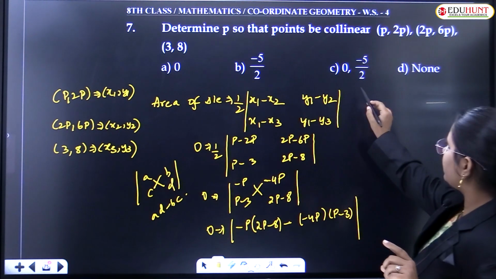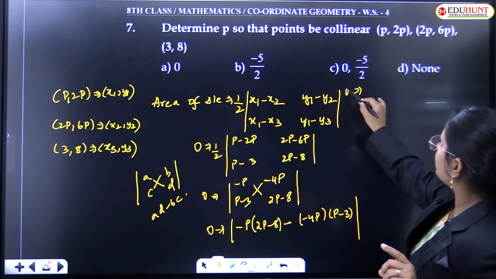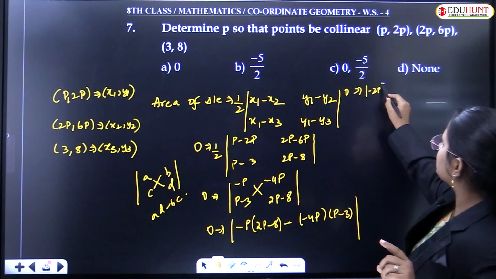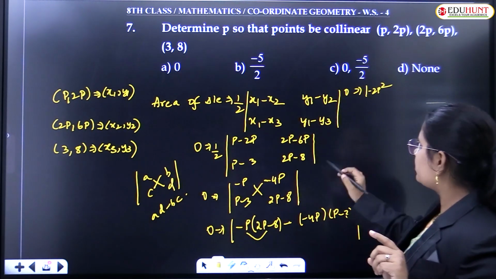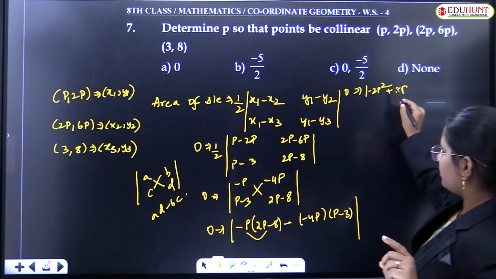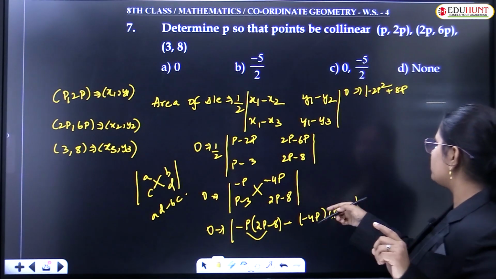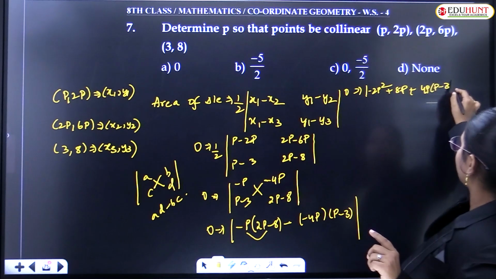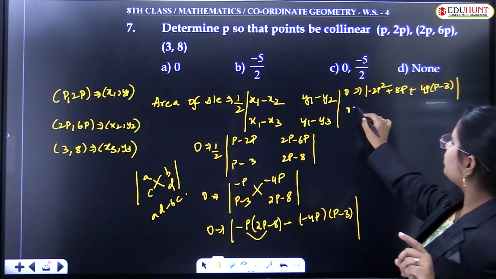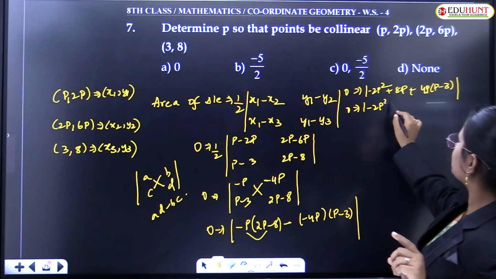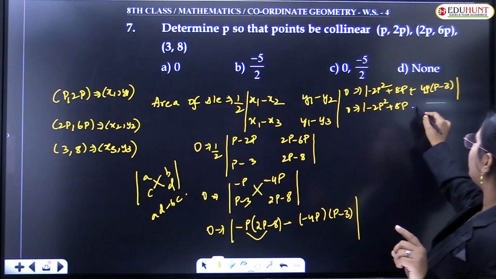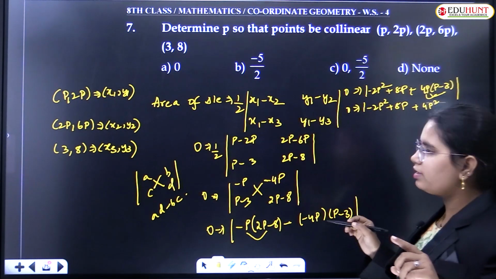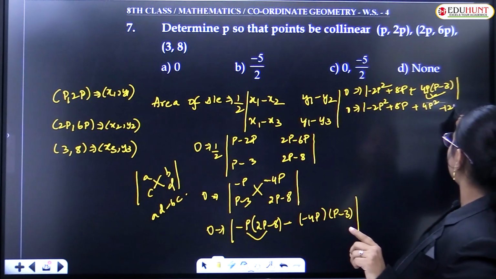So let's simplify this. 0 is equal to minus p into 2p which is minus 2p square, right? So minus into minus plus 8p. So what this will become? Minus into minus plus 4p into p minus 3, correct? So 0 is equal to minus 2p square plus 8p plus multiply these both, 4p square plus into minus is minus 4 3s are 12p.